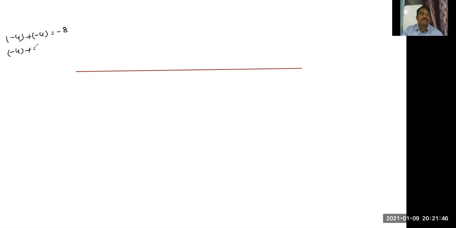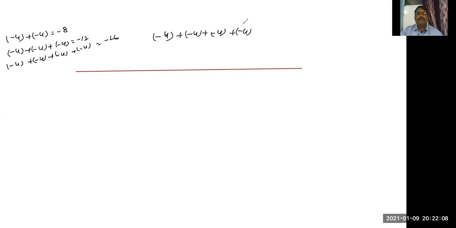Minus 4 plus minus 4 plus minus 4 is equal to minus 12. Minus 4 plus minus 4 plus minus 4 plus minus 4 is equal to minus 16. Next, minus 4 five times is equal to minus 20.